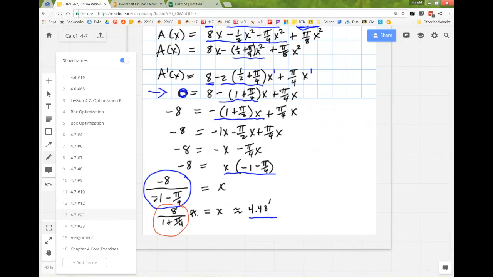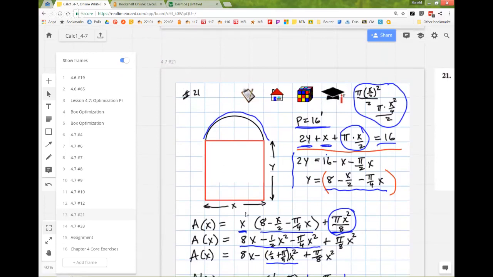And if you do that on a calculator, you get 4.48 feet. So when x is 4.48 feet in this original plan, that will maximize the area and yet keep the perimeter at 16 feet.